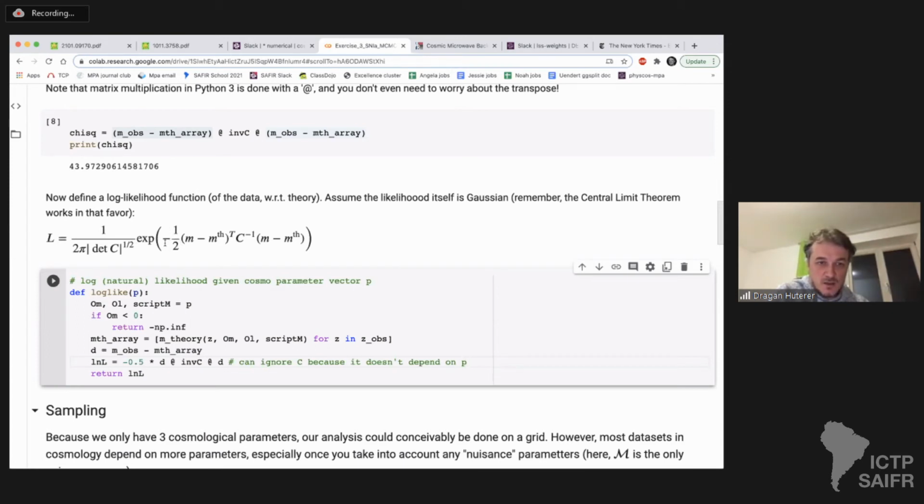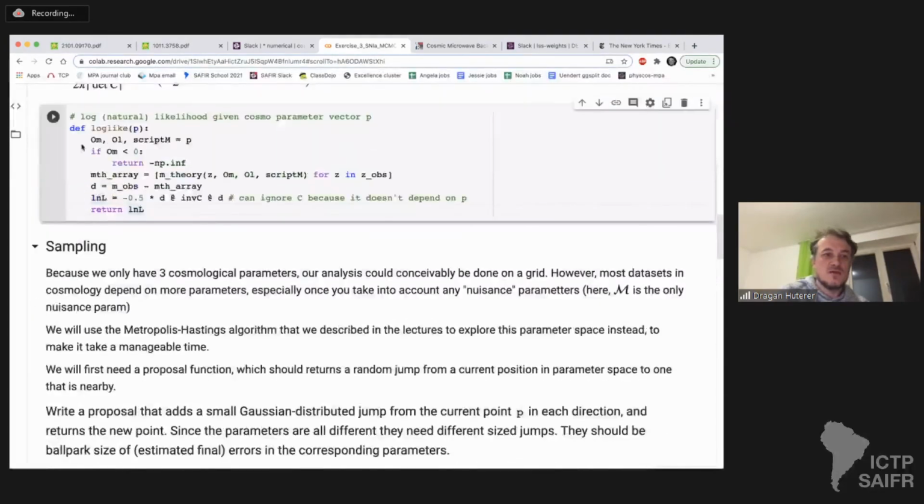Square rooting the exponent is not the same, so this is messing things up all over the place. It's only insensitive to overall amplitude differences in likelihood, if you multiply all likelihoods by 2 pi or something. Equivalently, if you add a number to the log likelihood, it doesn't matter. Okay, moving on. So that's my log likelihood.